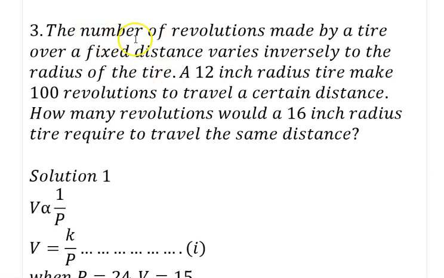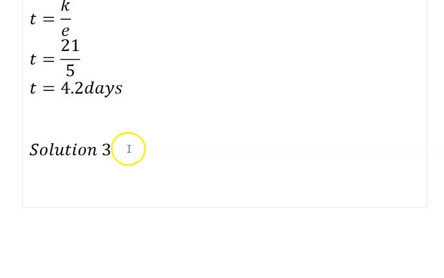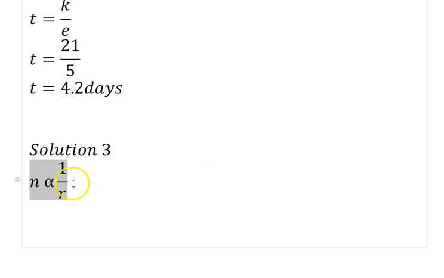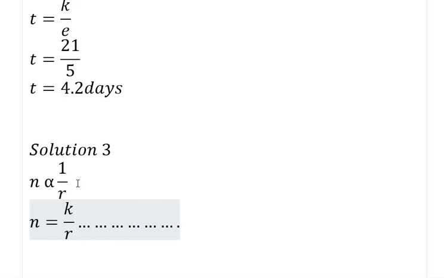Number of revolutions, radius. Let's use N, so that we know that N is for revolutions. Then we use R for radius. So we say N varies inversely as R. As usual, we change our proportionality constant to K. Awesome. So we say this is our equation 1.